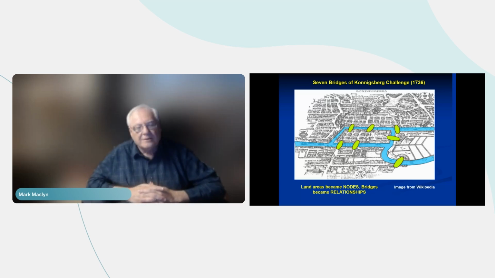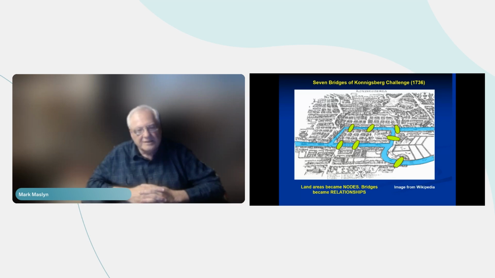Anyhow, Königsberg had 7 bridges which linked the different parts of the town. And what ended up happening is they put out a challenge for mathematicians to be able to solve.